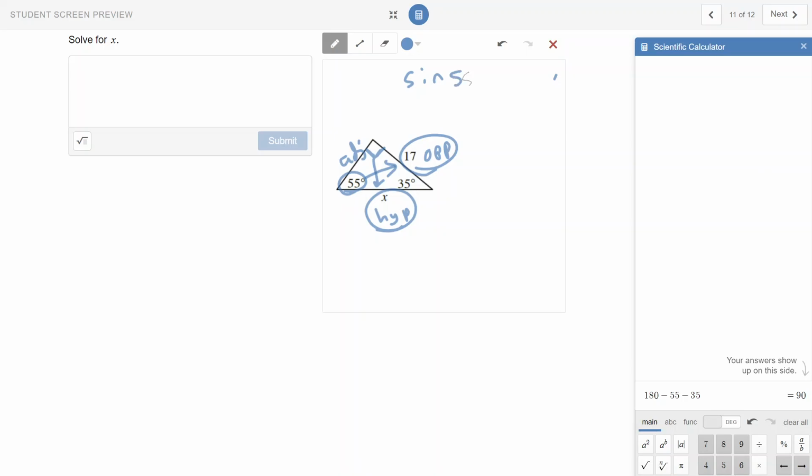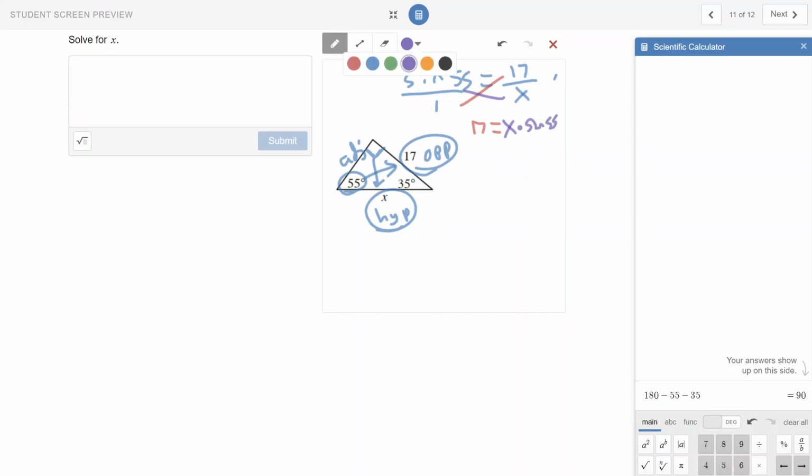Anyway, we have sine of 55 is equal to the opposite side, which is 17, over the hypotenuse, which is x. From here, you could put a 1 on the bottom and cross multiply. 1 times 17 is 17, and that would be equal to x times sine 55.